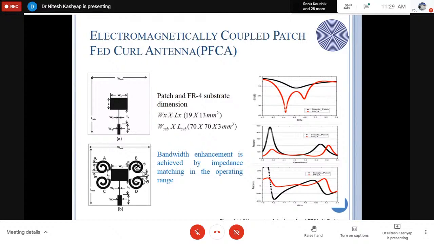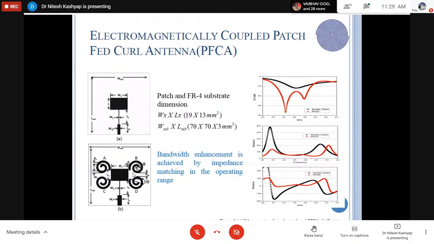After the attachment of these spirals or curls to the non-radiating edges, the performance of the antenna improves dramatically. So what will happen here?